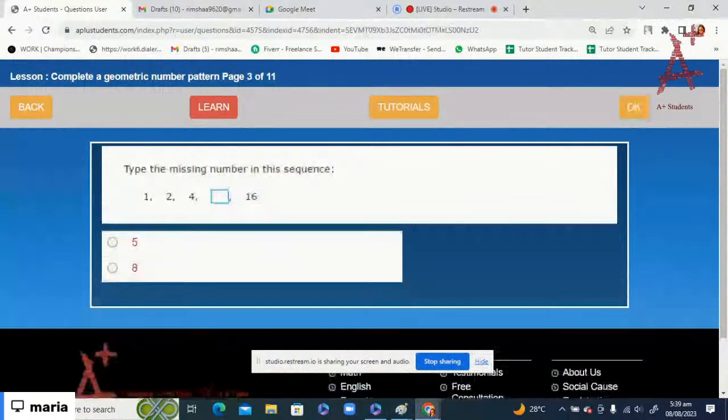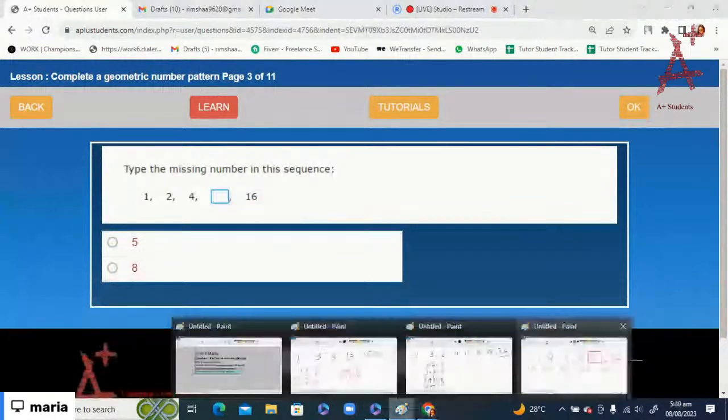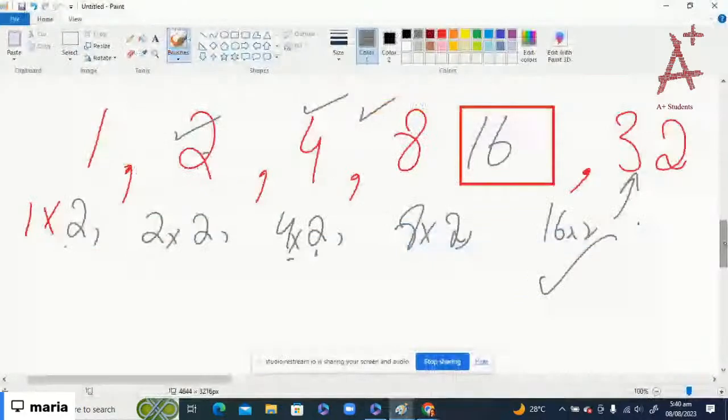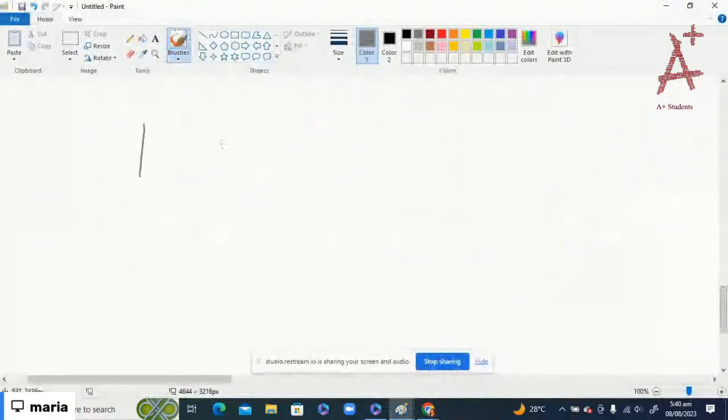Now look at this question. 1, 2, 4, missing number, and 16. Let's solve it.